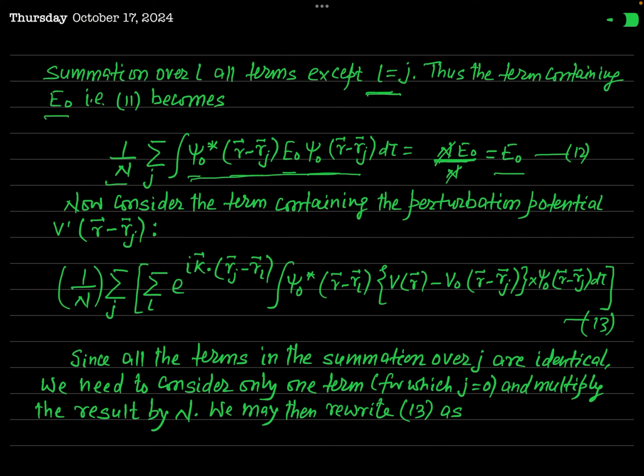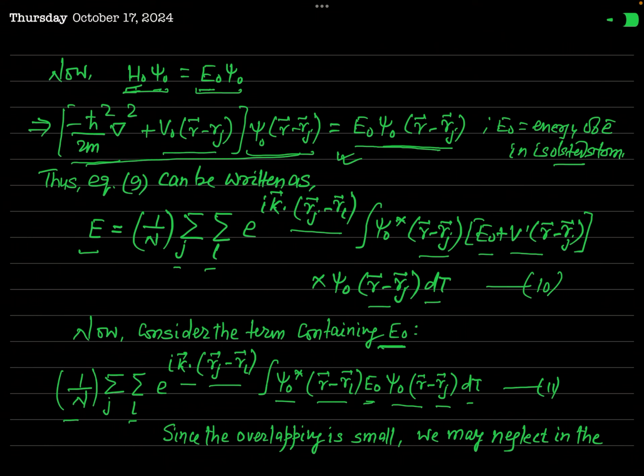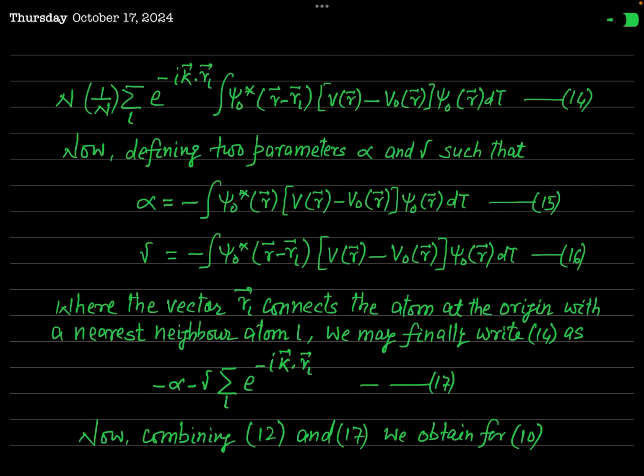Now, we will consider the term containing the perturbation potential V dashed of r minus rj. In equation number 10, you have to select the term containing the perturbation potential V dashed of r minus rj.